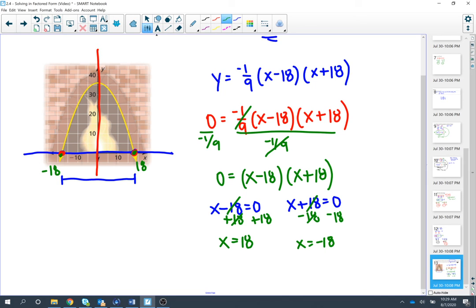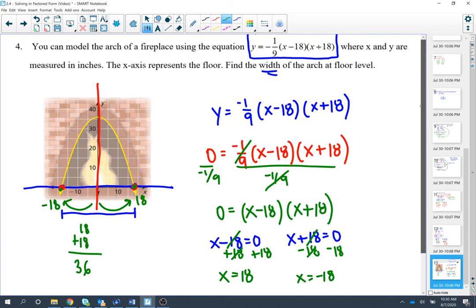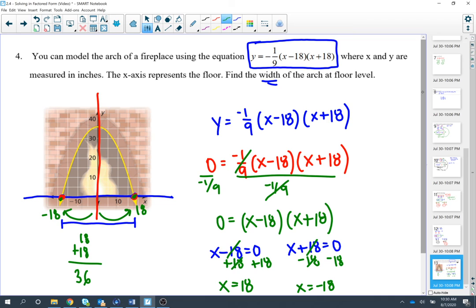Well, then what's the width? Is the width actually 18? No, because you go 18 this way and you go 18 this way. So 18 plus 18 gives us 36. And 36 what? It said x and y are measured in inches.